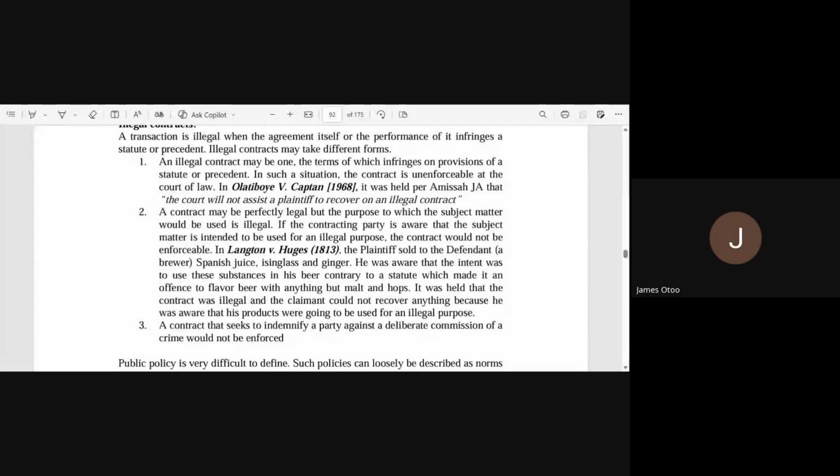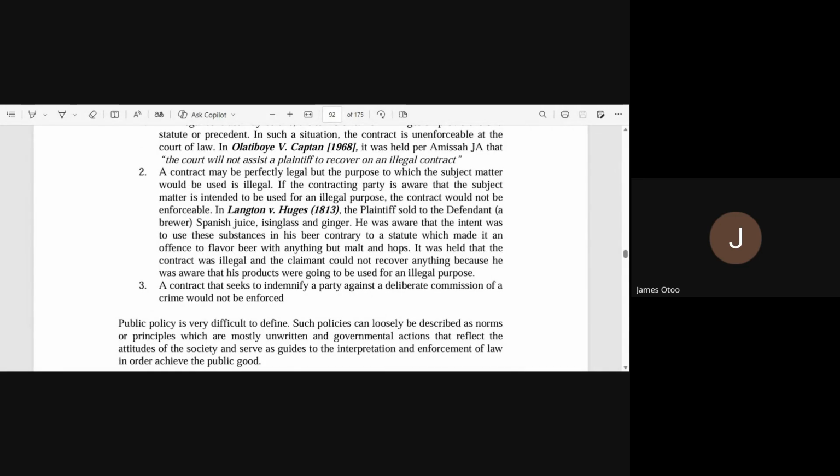It was said that the contract was illegal and the claimant could not recover anything because he was aware that the product was going to be used for an illegal purpose. So the contract may be good, valid or legal, but the purpose can make it illegal.